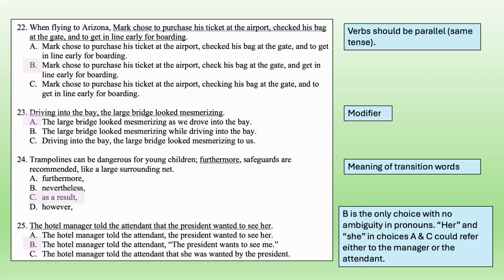And that clearly refers to the manager because she's speaking to the attendant. But in A, the president wanted to see her. We don't know what that her refers to. Likewise, in C, she was wanted by the president. Okay, that she, again, could be either the attendant or the manager. So you're going to get some questions that want you to choose which one is most clear, most straightforward, and doesn't have that weird ambiguity in it.